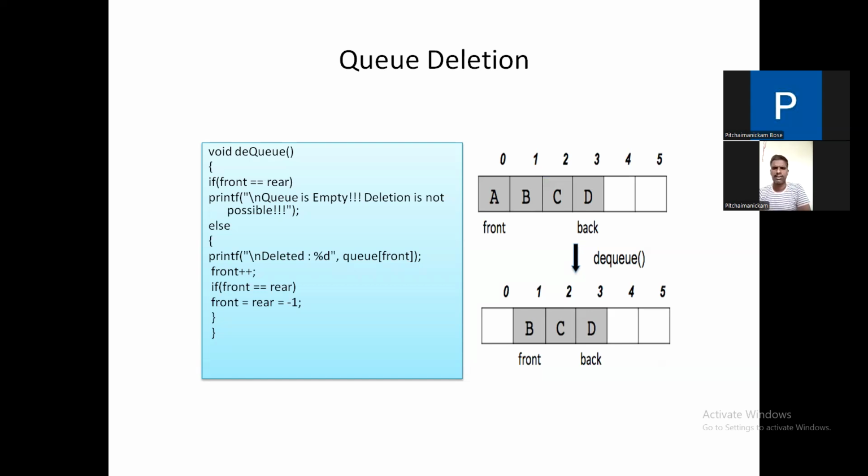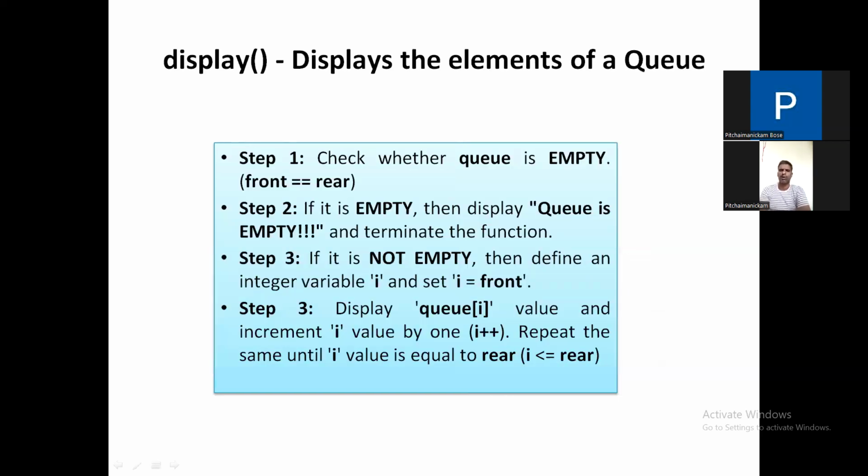Else, the deleted element is Q of front, and front plus plus means we increment the front value by 1. If front is equal to rear, we set both to minus 1. This is the way we delete an element.